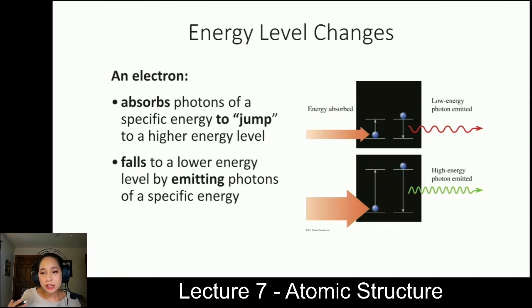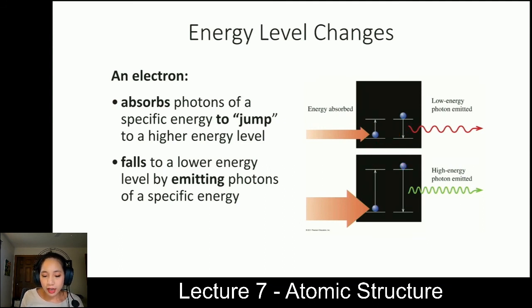You can send differing amounts of energy into an atom. So if I were to send a really large amount of energy, or a large energy photon, into an atom, that electron would be excited to an even higher energy level, higher than the example I had up here before.